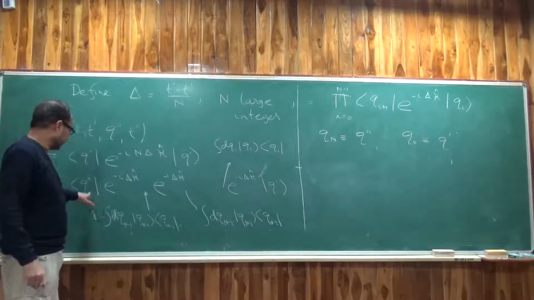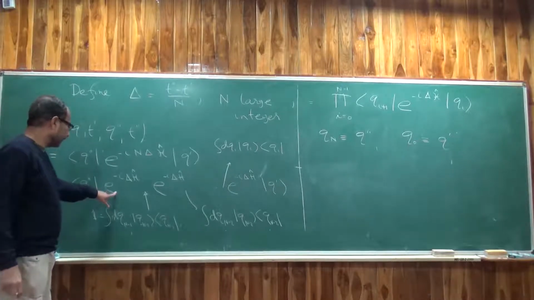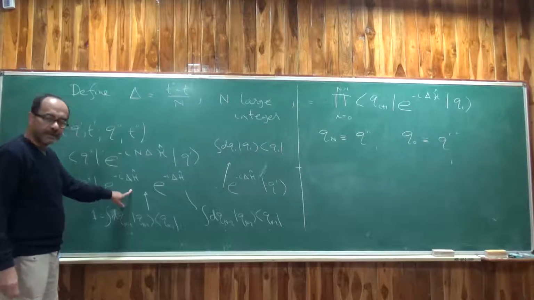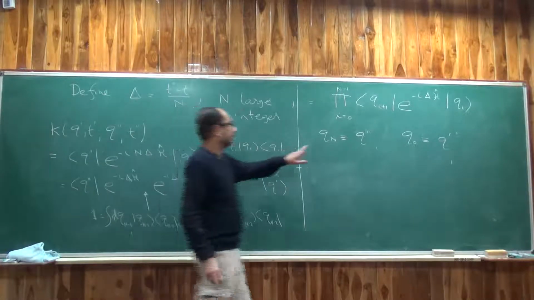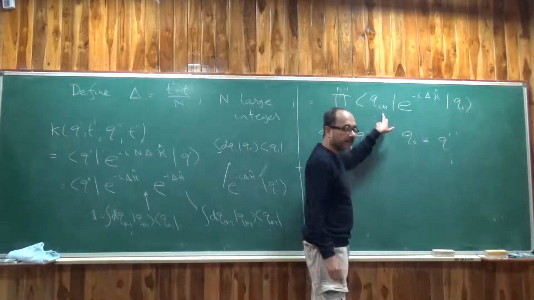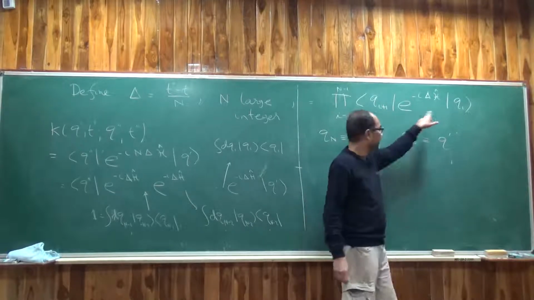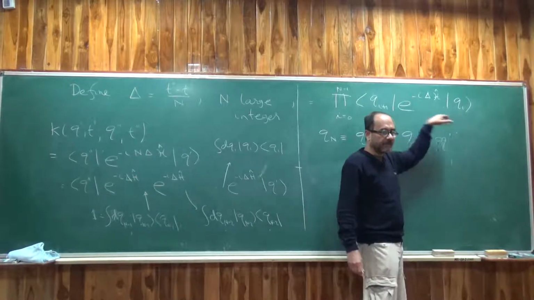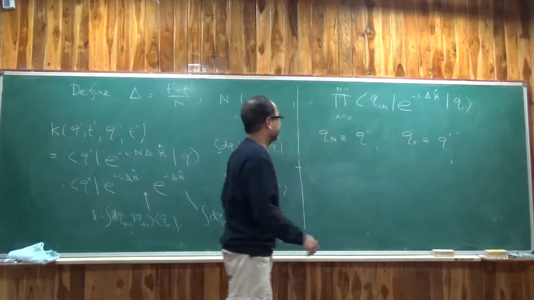Then this is like Qn e to the minus i delta h hat Qn minus 1. That's the i equal to n minus 1 term here. Then the i equal to n minus 2 term and so on.